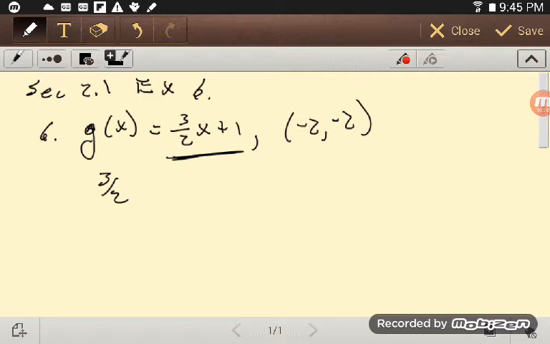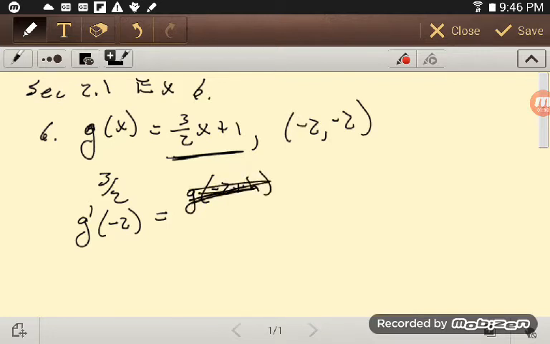Another way to do it is to use our definition, and we could find g prime at -2. And that is equal to, now the book uses a delta x, I'm going to use an h. What we need is g at -2 plus h.